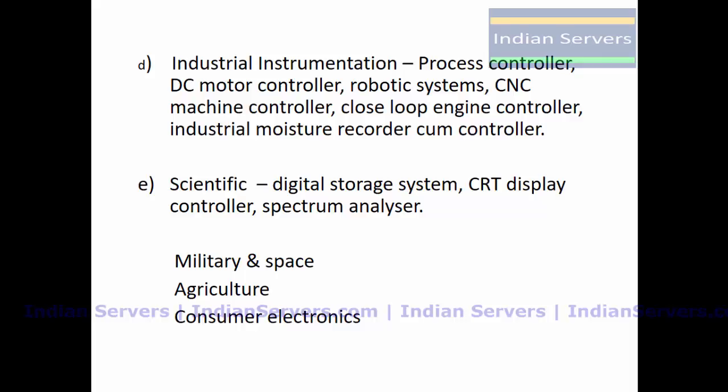Not only military and space, embedded systems are also helpful in agriculture where these embedded systems can promote smart farming. And also I already told you that embedded systems can be found in almost every home appliance, that is consumer electronics.